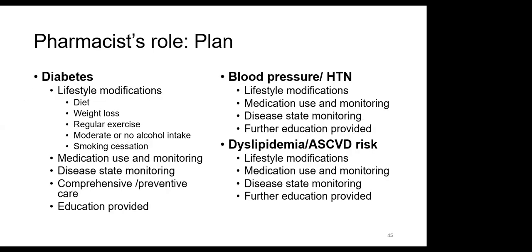In terms of cardiovascular risk, do they also need the lifestyle modification, any other education needs that they need? And then you plan for diabetes. Your plan should include lifestyle modifications, educate them on the diet, the weight loss, regular exercise, the moderate or no alcohol at all, stop smoking, then how they are using their medication, how they can be able to monitor their disease state, and also comprehensive and preventive care, and you provide education, and you look at the comorbidities as well.